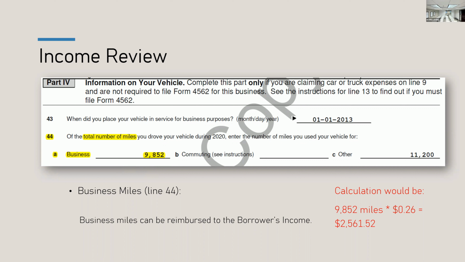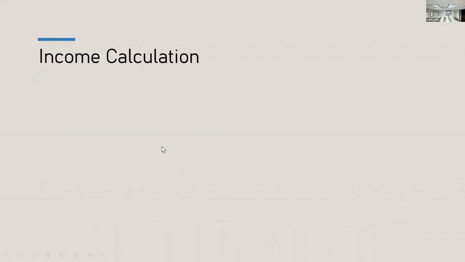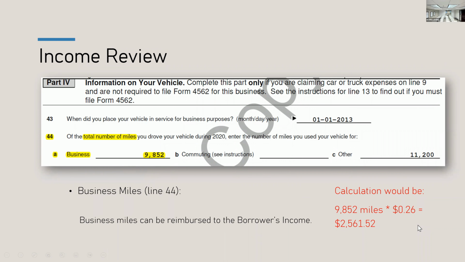In 2020, the cents per mile were 27 cents. In 2021, our cents per mile are 26 cents. So how you calculate that is you grab your miles and you multiply that by 26 cents, and you're able to give your borrower back an income of $25.61 and 52 on their business miles.